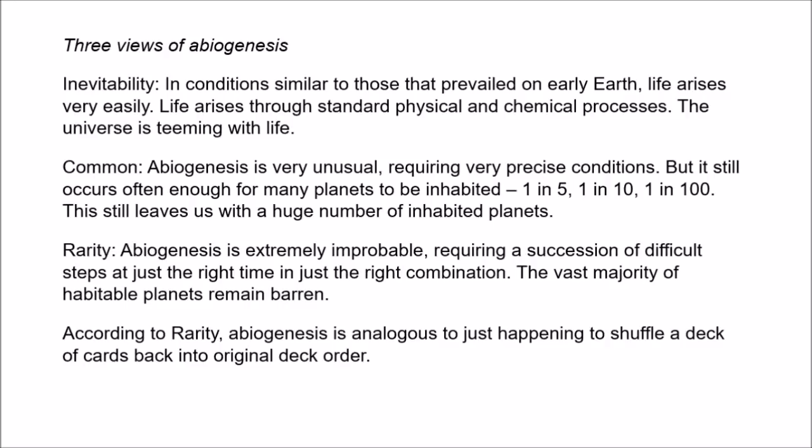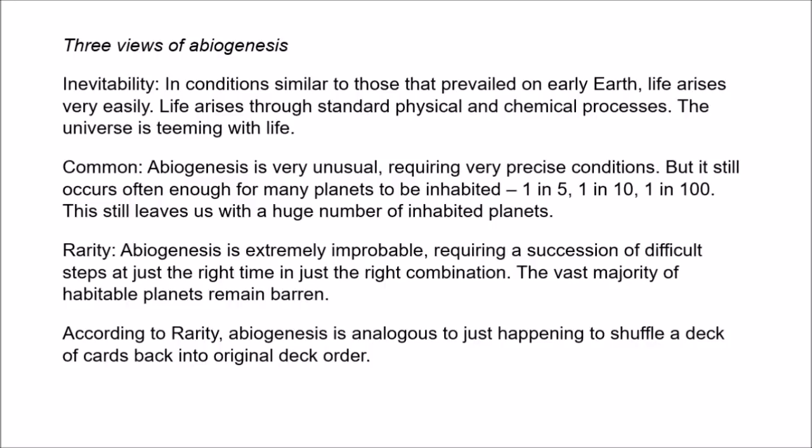Now, rarity is rejected by almost all contemporary origin of life researchers. All of the standard theories of abiogenesis assume that life arose from just sort of standard, normal physical and chemical processes. It wasn't a happy accident.